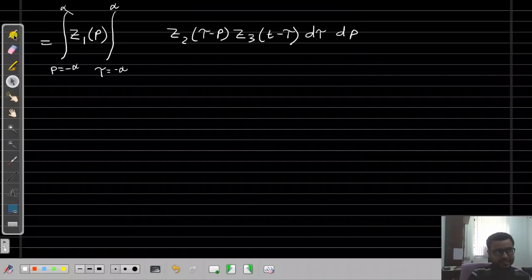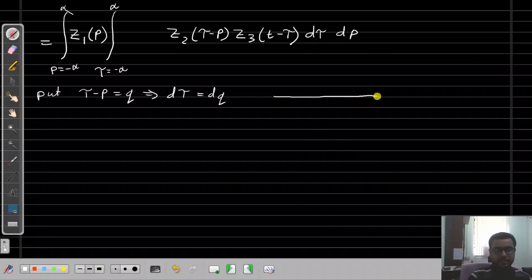The next thing that I will do, I will apply a change of variable. Say I shall put tau minus p equal to q, which will imply that d tau is same as dq, and the limit of integration will be as follows.